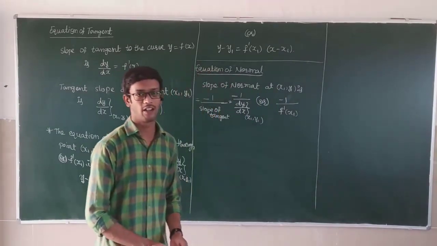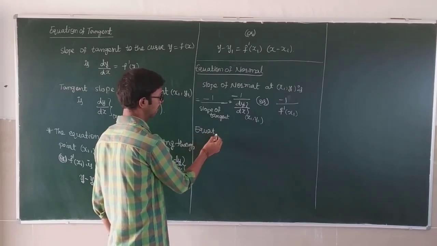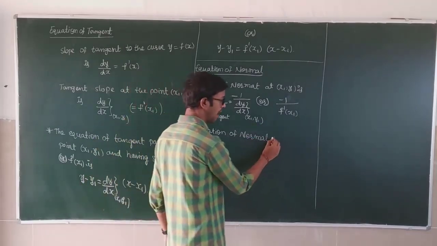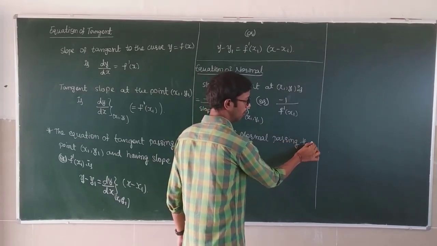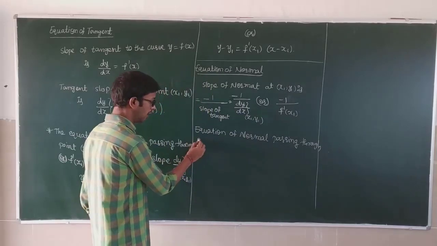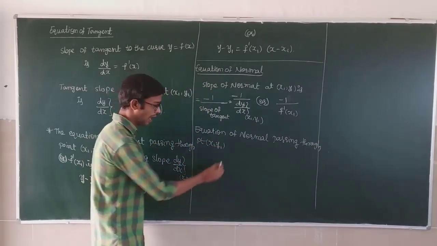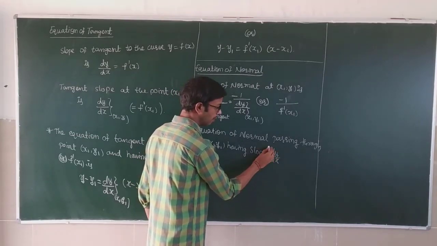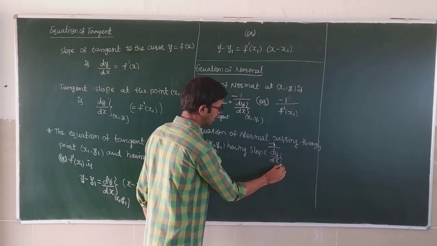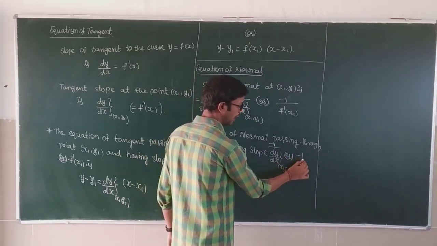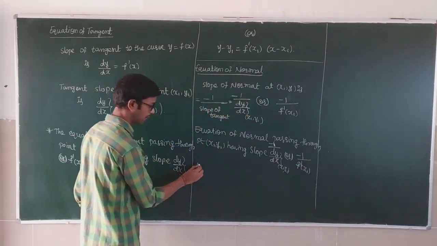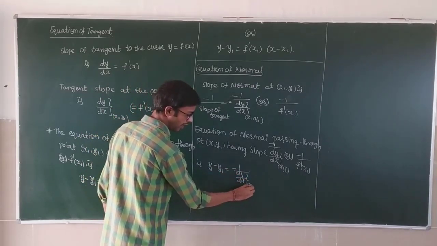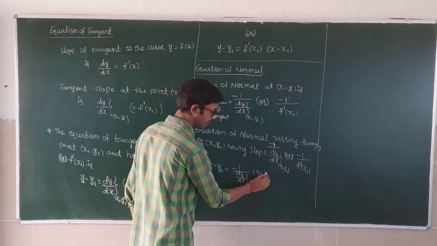Now, equation of normal. Equation of normal passing through point x1 comma y1 having slope -1 by dy by dx at x1 comma y1 or -1 by f dash of x1 is y minus y1 is equal to -1 by dy by dx at the point x1 comma y1 into x minus x1.